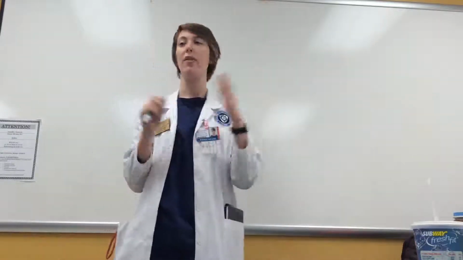I guess I'm just going to make one up. Let me think of the last patient I took care of. Okay, we're going to take a patient who is encephalopathic from advanced liver disease.